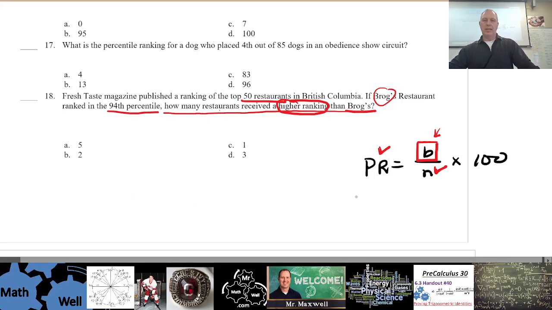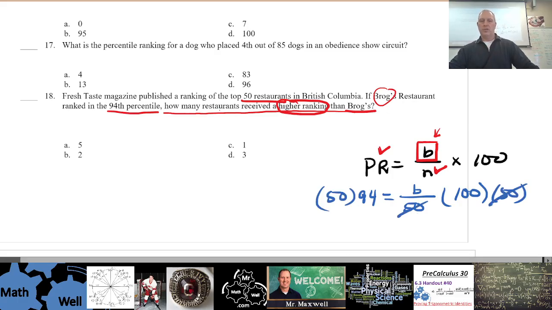So percentile ranking is 94. We don't know what B is. The total number is 50. And then we're going to do times 100. Two things you could do. You could multiply by 50 first if you want. So 50, that gets rid of the 50 on the bottom.